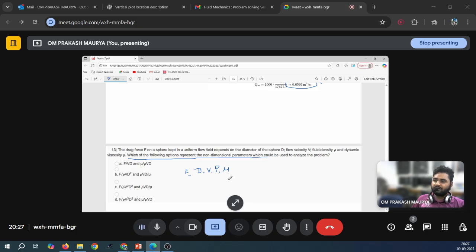Which of the following represents the non-dimensional parameters? Using this, you have to write two non-dimensional parameters, because the options everywhere give two. So what should be the best possible?